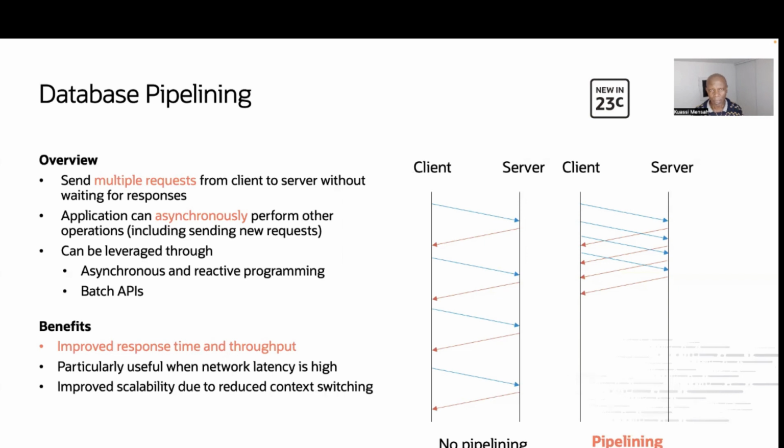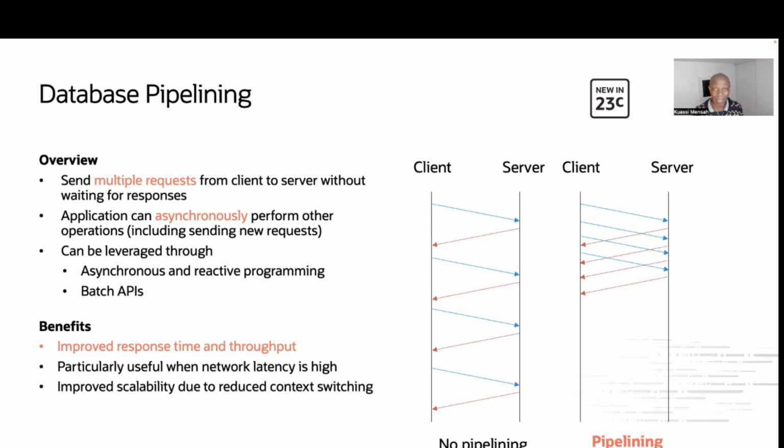So you make a request, you block until the server responds, right? And during that time, the client, the JDBC Java application, is blocked. Nothing happens. You wait until you get the response from the server. So that's a succession of request, response, request, response.